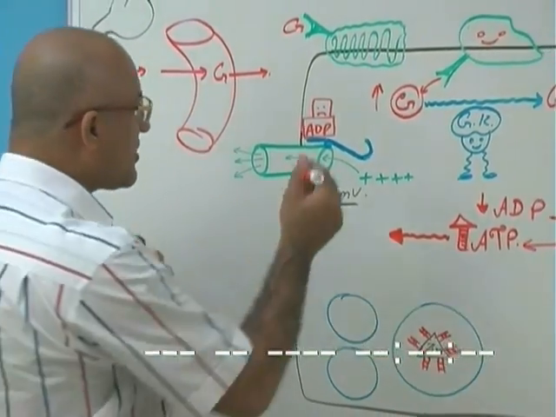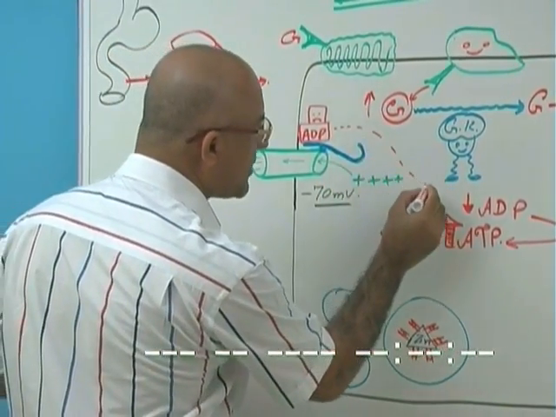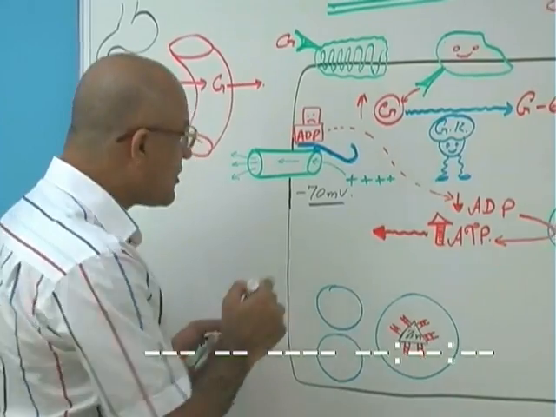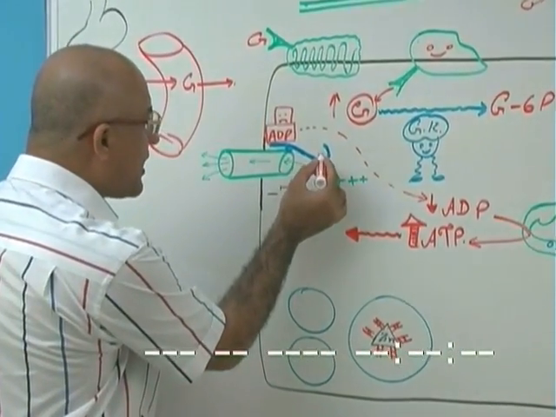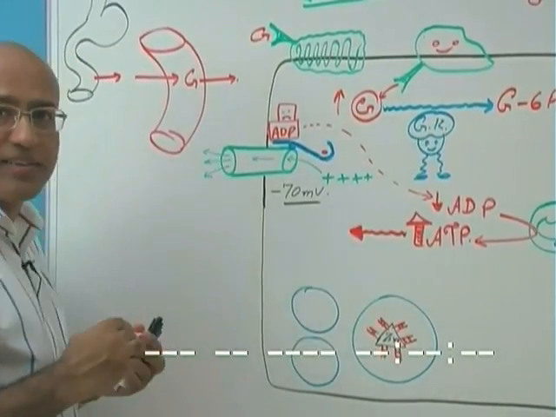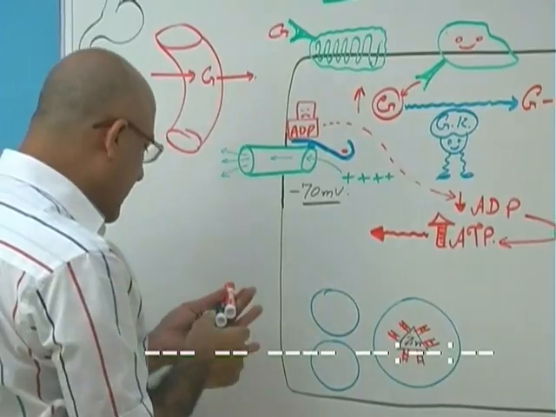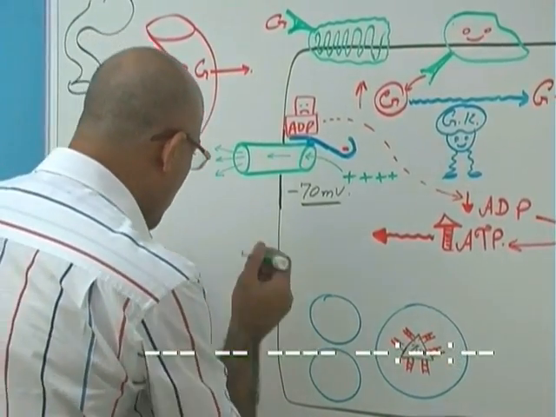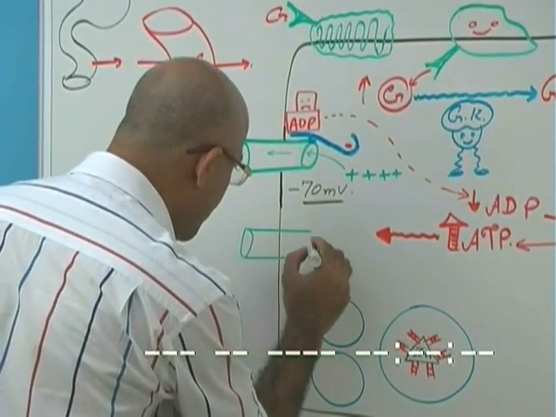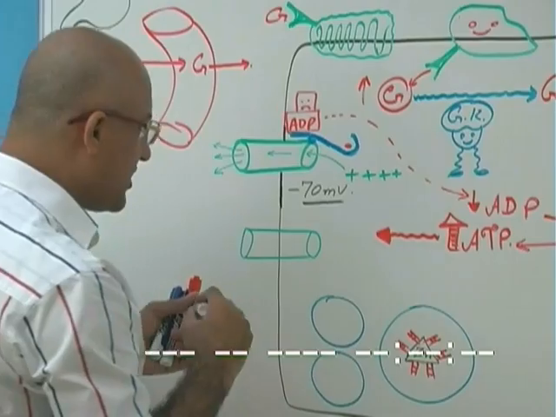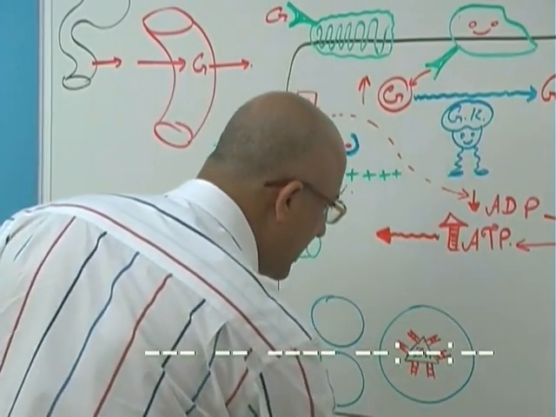Now, this ADP is becoming less, am I right? Yes. So it will dissociate from here, and this is the point where ATP likes to bind. And when ATP binds here, what will happen? When more glucose is entering the cell, there is more intracellular ATP, and when the cell has more ATP, what really happens?